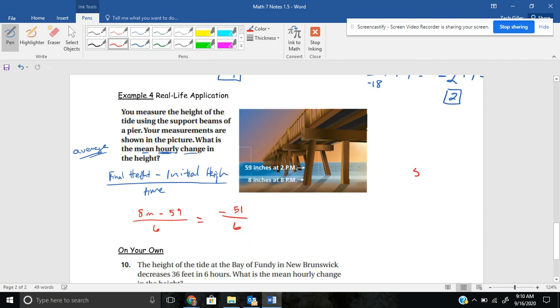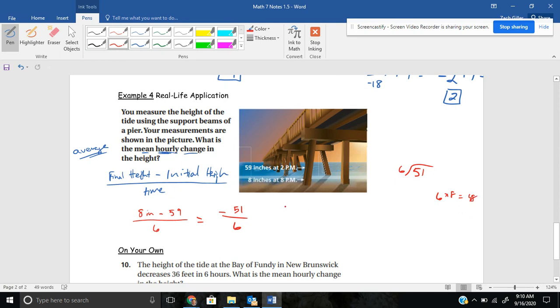Okay, let's do the work on the side. 51 divided by 6. That's not going to work. Let's round. If I said 10 times 6, that'd be 60. That'd be too much. 9 times 6 is 54. That's still too much. Let's try 8. 6 times 8 is 48.